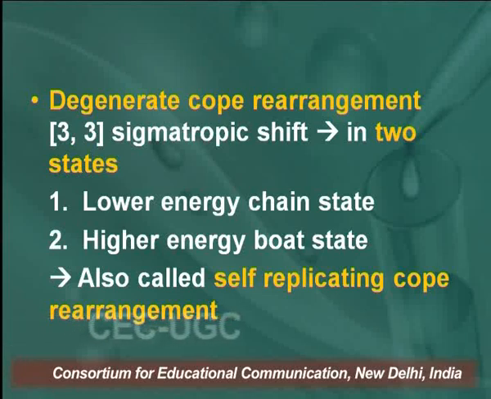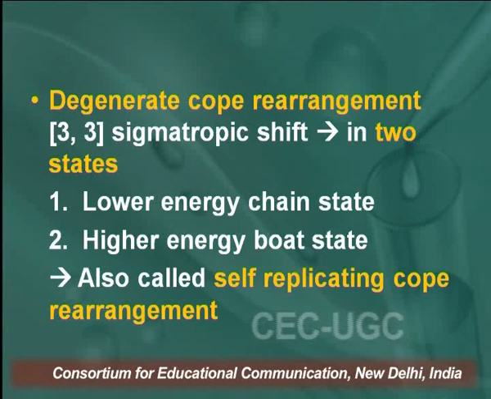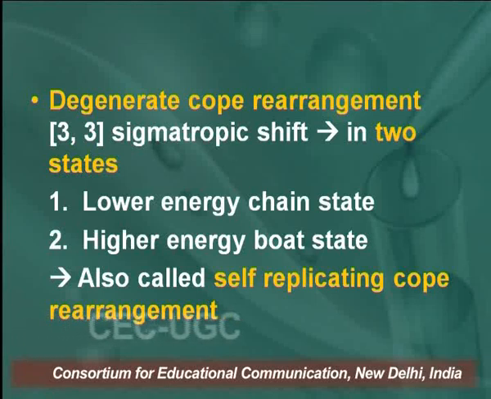It is a degenerate Cope rearrangement, which is a 3,3 sigmatropic shift, and in this 3,3 sigmatropic shift we get two states, as you have seen in the previous slides. One is the lower energy chair state, another is the higher energy boat state.